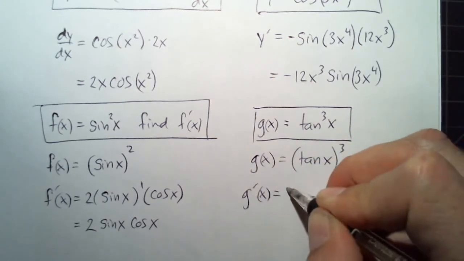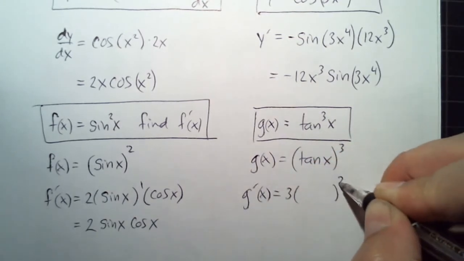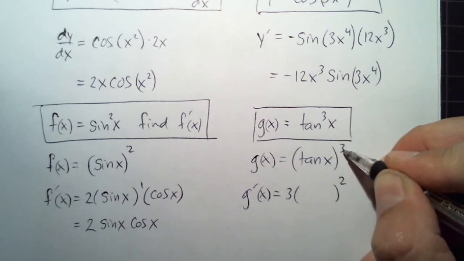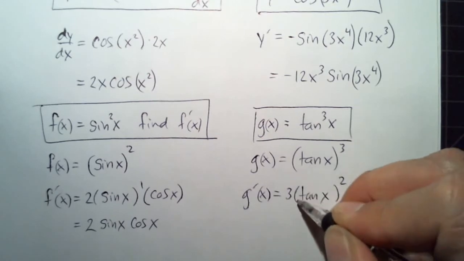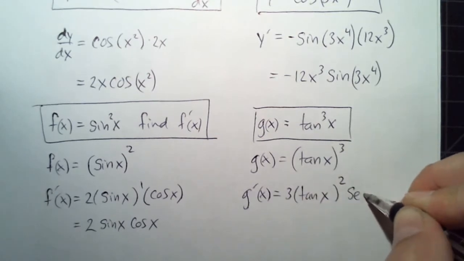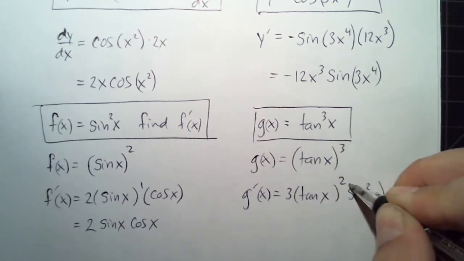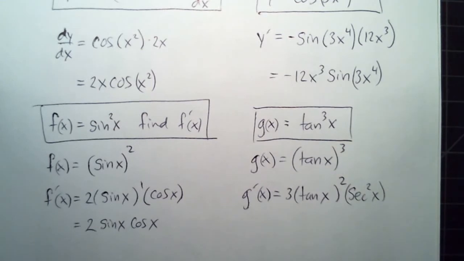We'll do the power rule on the 3, or the outside, leaving the inside the same, times the derivative of the inside, which is secant squared. It's okay to leave it like that.